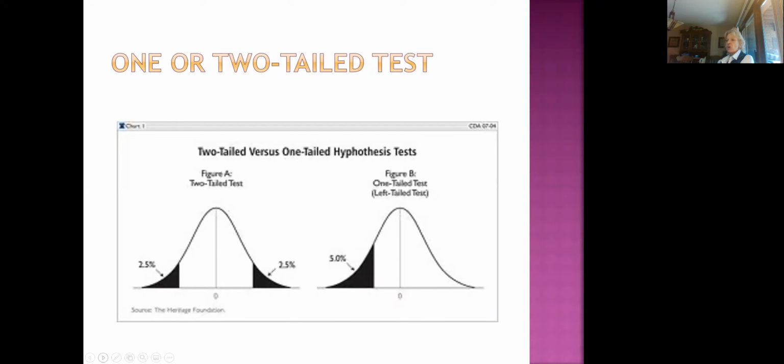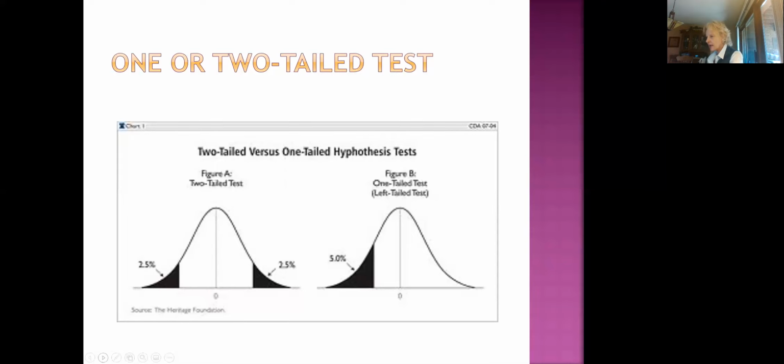Now remember, we've talked about you can have a one-tailed or a two-tailed. You use a two-tailed when you have a null hypothesis that says there's no difference, and an alternative that says there is a difference. The one-tailed is when you say A is greater than B, and then you put all 5% on one end.